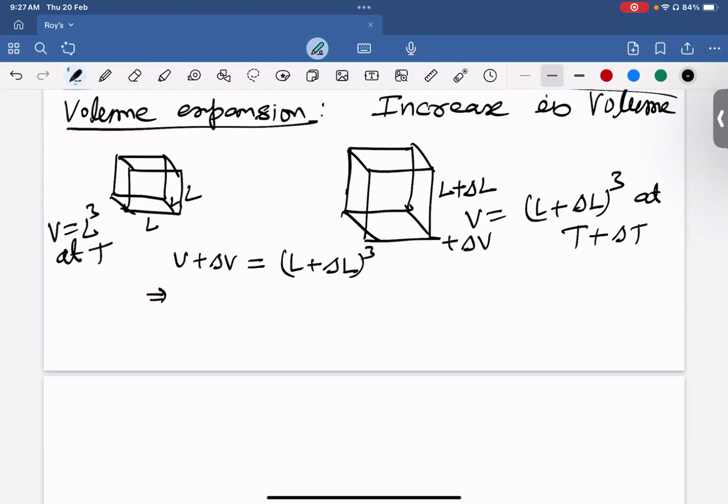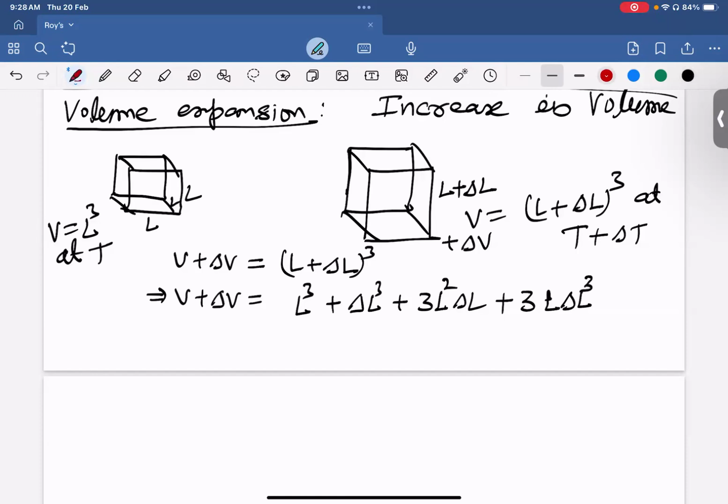If I use the (A plus B) whole cube formula, it becomes A cube plus B cube plus 3A square B, that is 3 L square delta L, plus 3AB square, so 3 L delta L square, plus delta L cube.